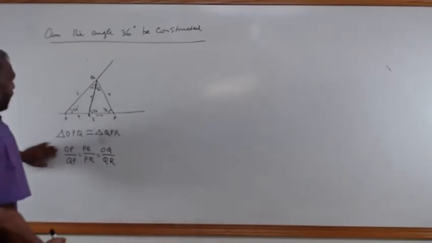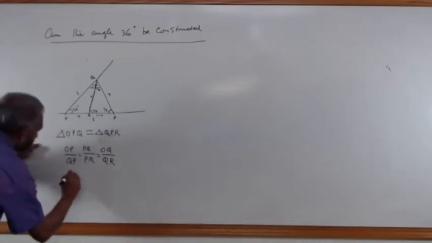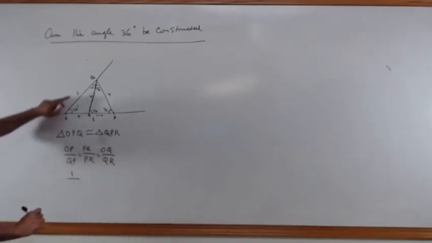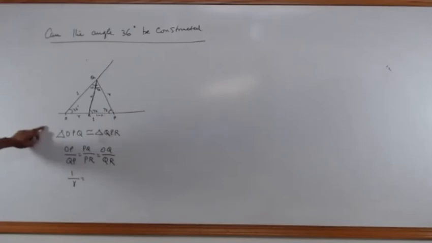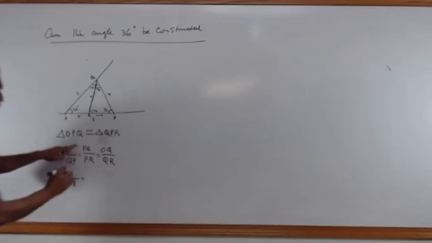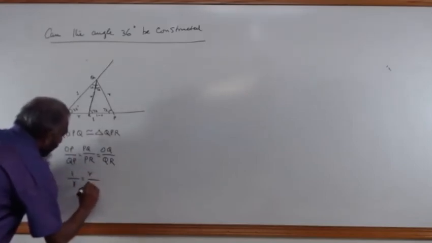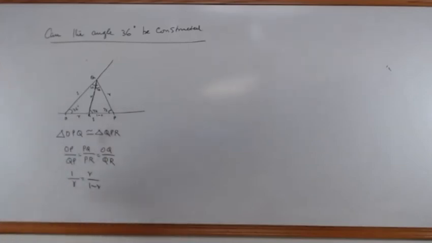What is OP? OP is 1. QP is R. Is equal to, we'll take this PQ, R by 1 minus R. We don't want to take this. This is enough. We got an equation in R.